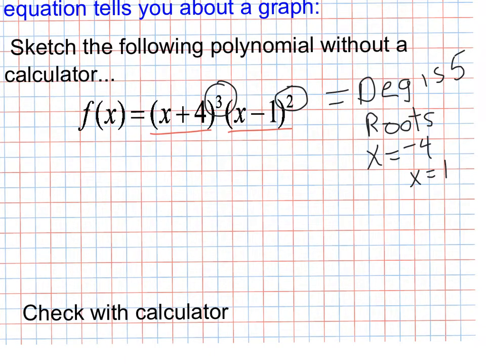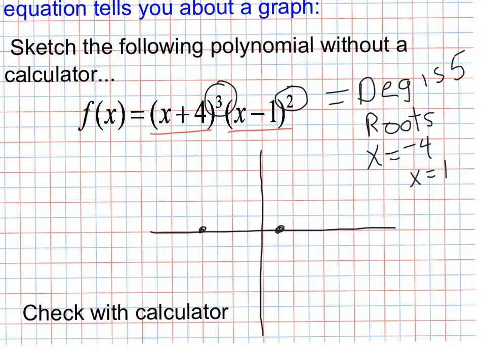So if we were to sketch this on our calculator, or on graph paper, we have a root at 1 and a root at -4.